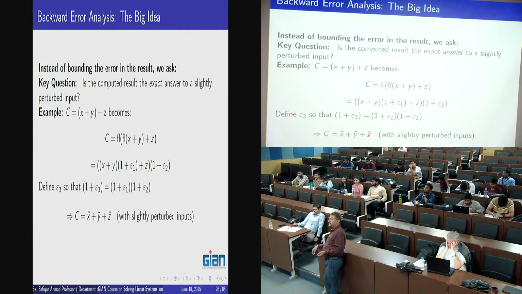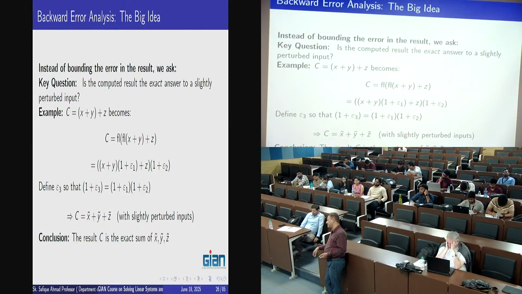You just maintain this and slightly perturb x, slightly perturb y and slightly perturb z. Now this result C is the exact sum of x tilde, y tilde and z tilde.